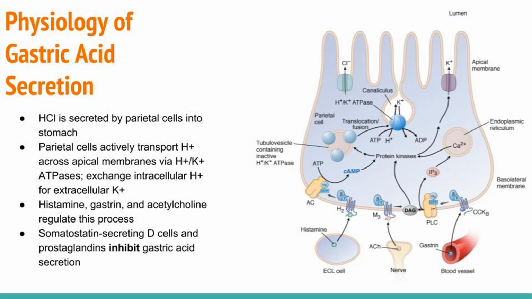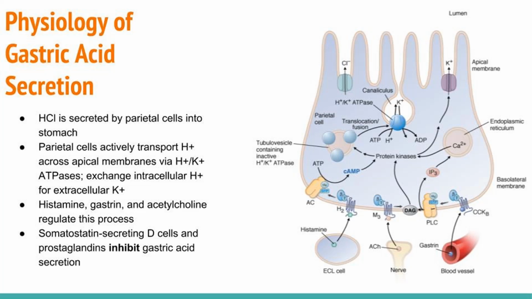Protein kinase activation results in translocation of cytoplasmic tubulovesicles containing inactive hydrogen-potassium ATPase to the apical membrane. Fusion of tubulovesicles with the apical membrane activates hydrogen-potassium ATPase, which pumps hydrogen ions into the stomach lumen.